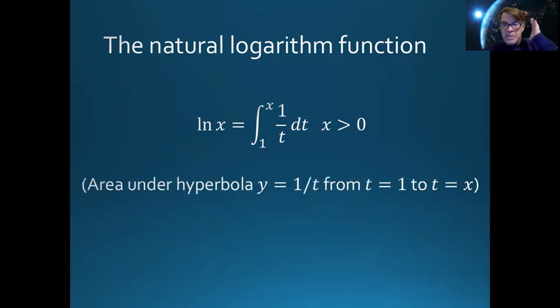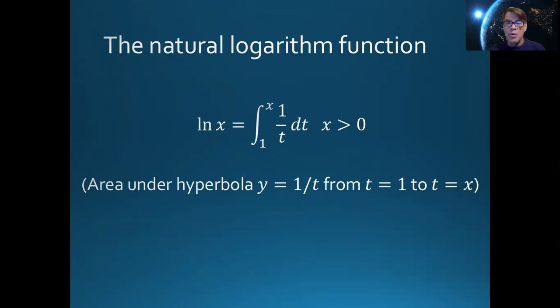Now, you can conceptualize, and you can go to the book if you want to see a graph of this, the natural logarithm as basically the area under a hyperbola, 1 over t. So if 1 over t is a hyperbola, then the natural logarithm is the area under that hyperbola from 1 to x.